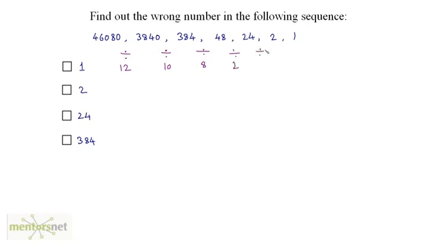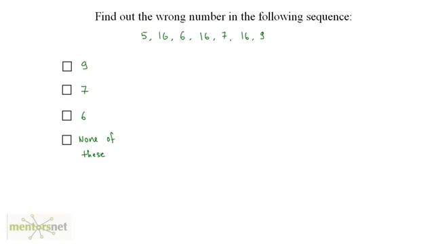Basically you are seeing a pattern getting formed here: divide by 12, then you divide the second number by 10, and then you divide the third number by 8, and so on. So the problem lies here actually. Had this been 6, because the numbers are getting reduced by 2, it would have been correct, but this is 2, hence 24 is obtained as a wrong number, right? So the wrong number in the following sequence is 24.